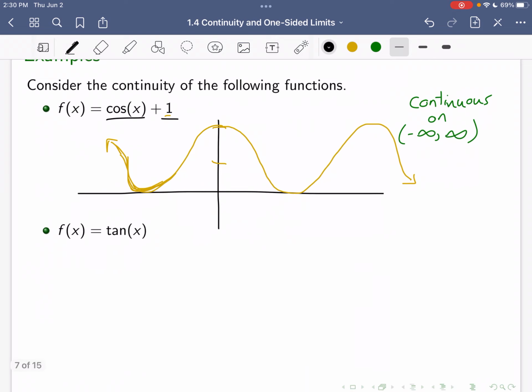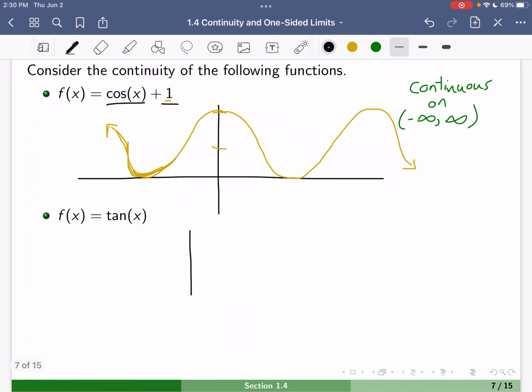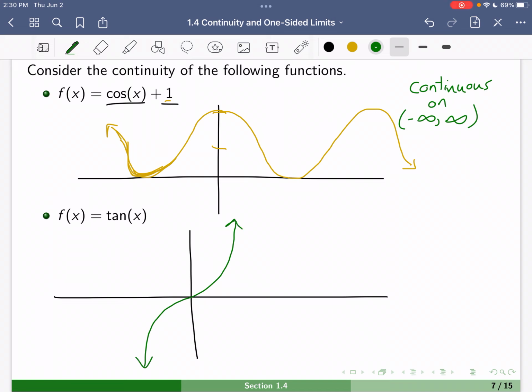What about tangent? Some of you might be thinking already, the tangent graph has some vertical asymptotes, and those vertical asymptotes are going to be problematic every time there's one. The tangent graph is periodic with a period of pi.